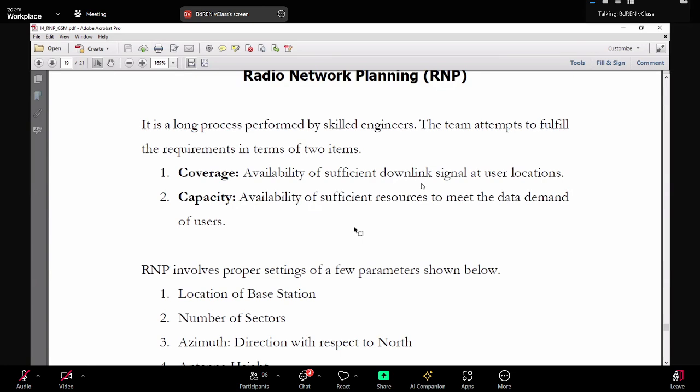They basically have some optimization of a few parameters. But while doing so, you have two fundamental objectives, which we mentioned earlier, coverage and capacity.